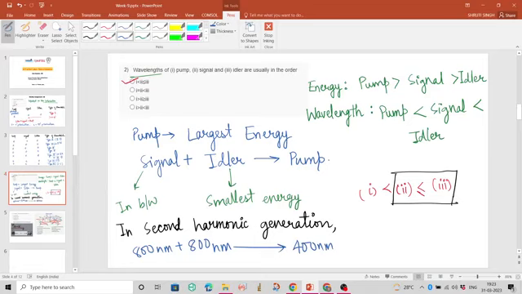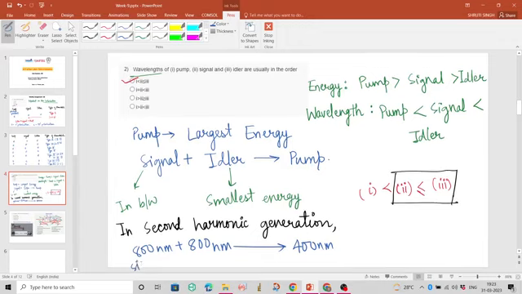So here the signal and the idler have the same wavelength. One photon will be taken as the signal photon and one will be taken as the idler. So for second harmonic generation, the signal and the idler can be of the same wavelength. That's why 2 can be less than equal to 3.